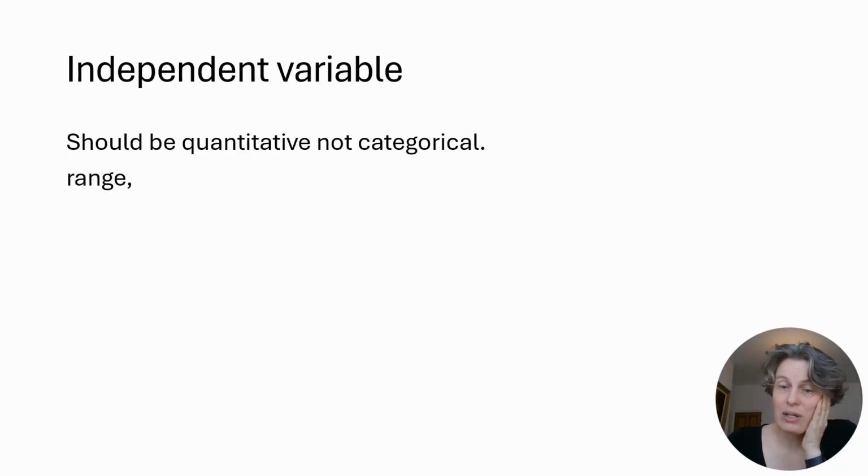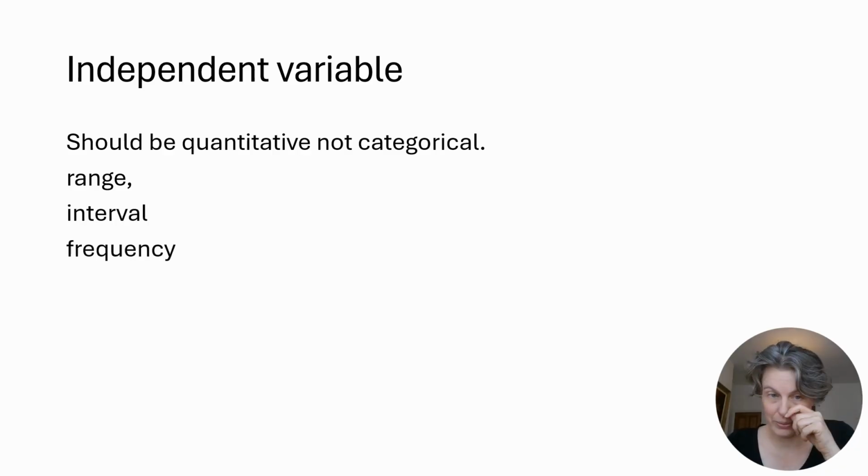Right, so specifically you need to justify your range, your interval, or your frequency. So range is the lowest value and the highest value. I would like you to think about, so often people are heating something or leaving something and they forget to do a 0 value, so a value where it's not been left open or not been cooked or not been heated.